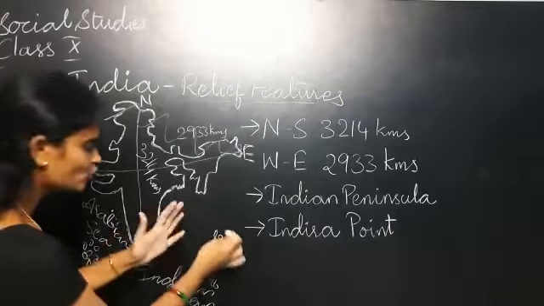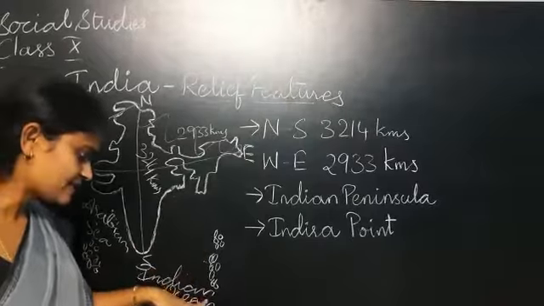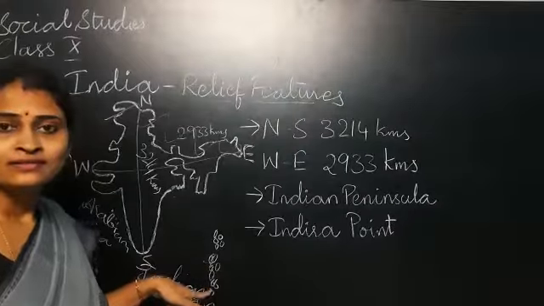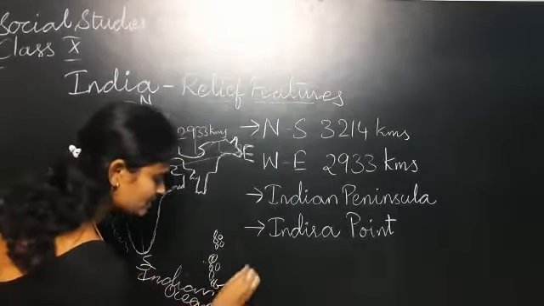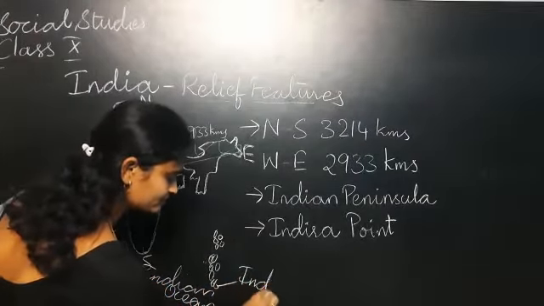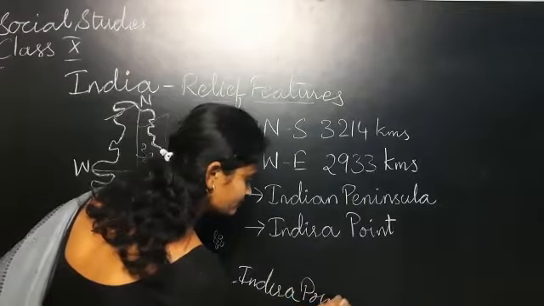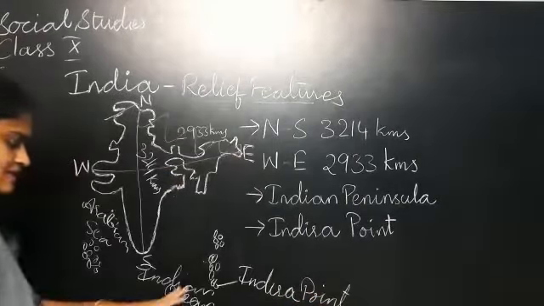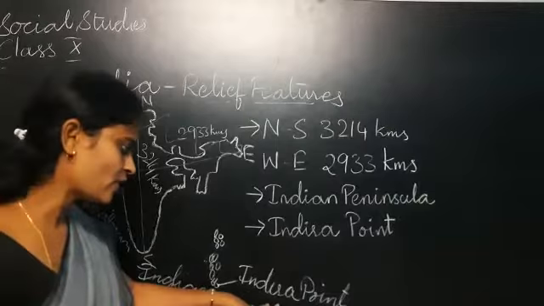These are groups of islands. Children, here the southern island of Nicobar Island is Indira Point. The southernmost island is Indira Point.